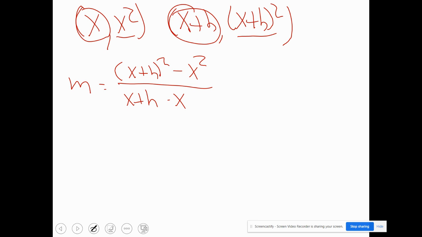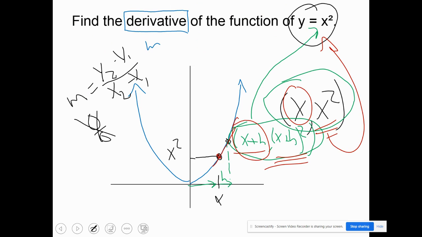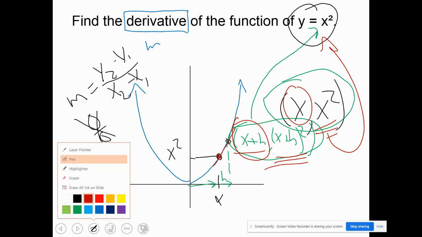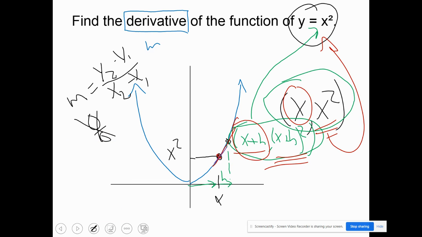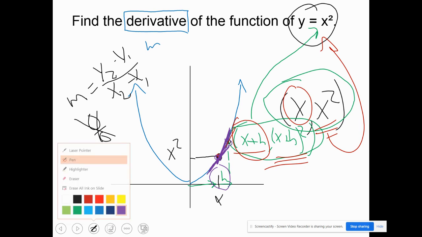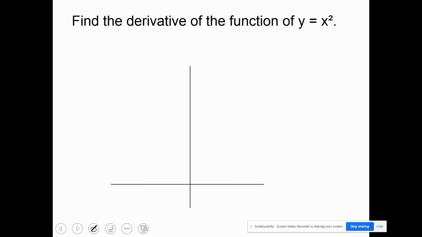So let's think about what would happen. I'm looking for the slope that's right in here. Unfortunately, right now, I have the slope that's right in here. So what I want to do is make this h as small as possible. As h gets smaller, this point and this point, that's going to be tough to see. So let's do this.